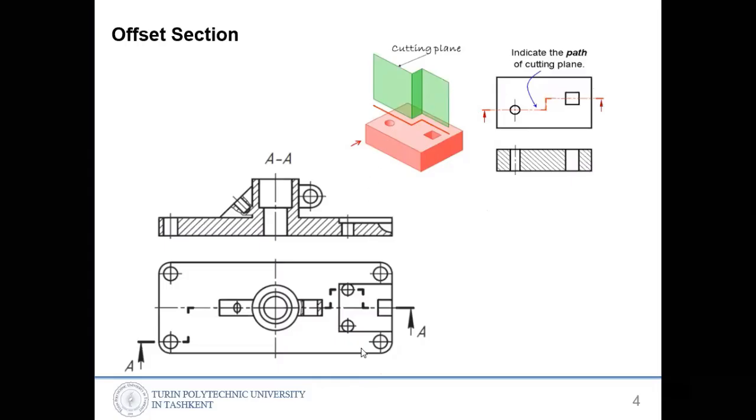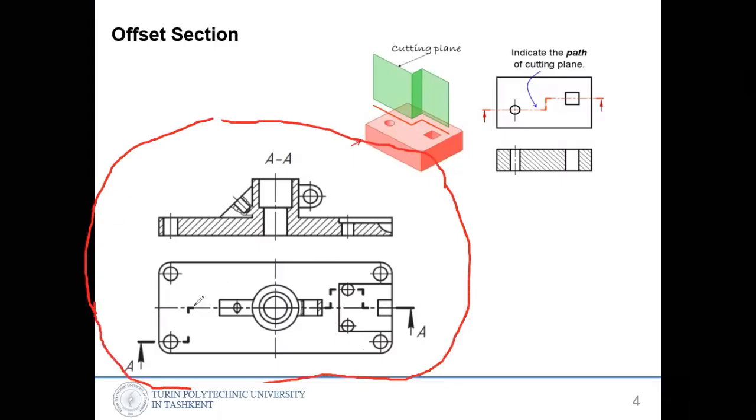Here we'll see the example, in the bottom left hand side. This is the top view of the shape, and the top view is sectioned this way.